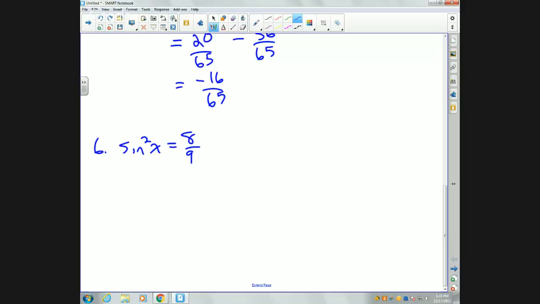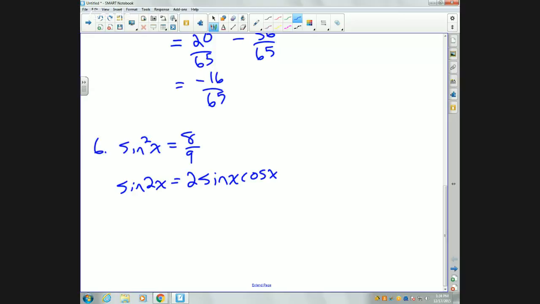Okay, so in question 6, you were told that sine squared x is 8 over 9, and it said to find the value of sine 2x. Well, we know that the sine of 2x is just 2 sine x cos x. So we need to know what sine x is, and we need to know what cos x is.